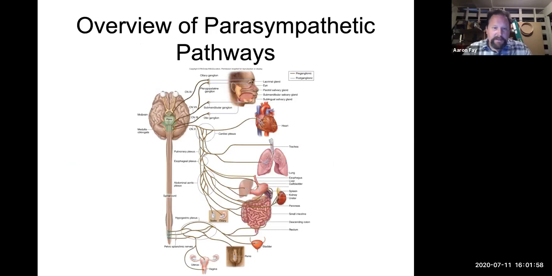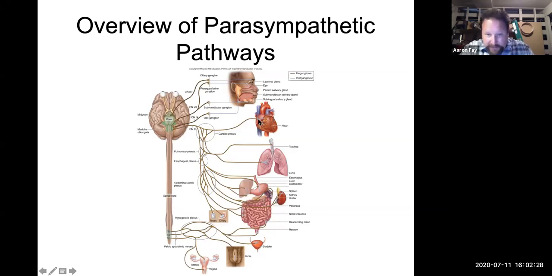Okay, so that's what this picture shows. Notice cell bodies of preganglionic neurons are up here in the brainstem or down here in the sacral region of the spinal cord. They're going to have relatively long preganglionic axons, which are going to go to a ganglia relatively near the target organ. Right? Notice that the postganglionic axons are short, right?